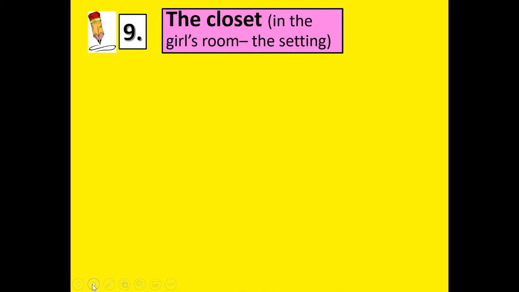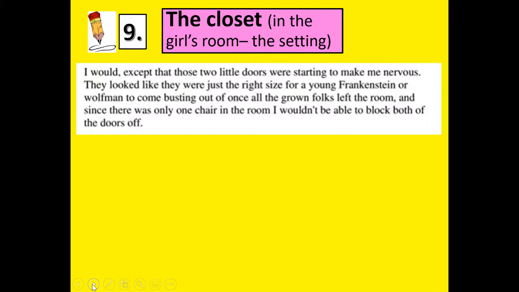Number 9, the closet, also in the girl's room, the setting. So, how does he describe the closet? "I would, except that those two little doors were starting to make me nervous." So he's looking at the closet and he's saying the doors to the closet are starting to make him nervous. "They looked like they were just the right size for a young Frankenstein or Wolfman to come busting out of once all the grown folks left the room.